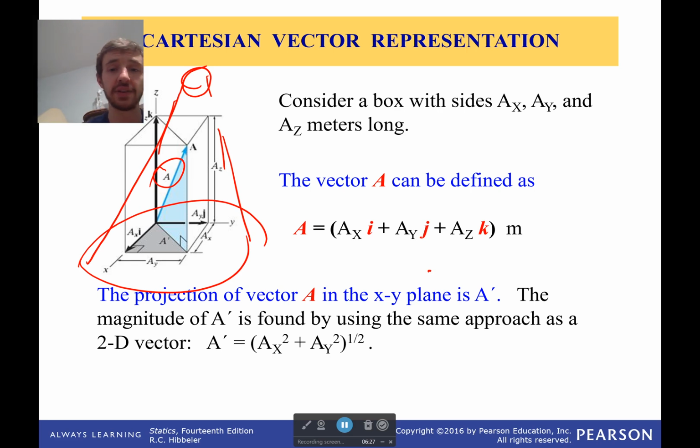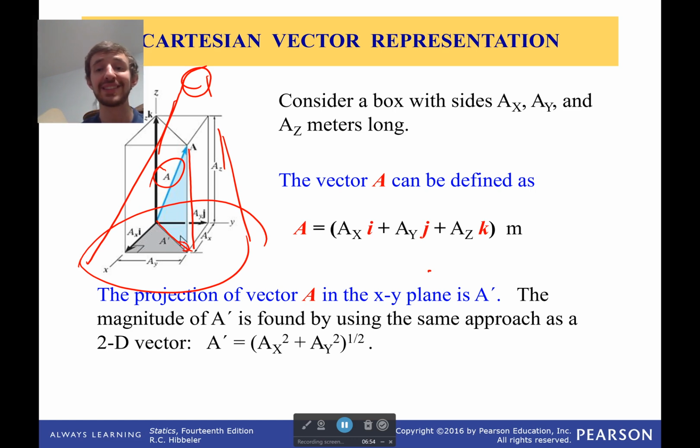What you would see on that surface is a shadow right here, and that is usually called A prime. It is the projection, or in my case I'm going to say shadow, of the vector A on the xy plane. So it's what that component is in here. If I'm making a right triangle of it, this is the bottom component, and I still have that z component.